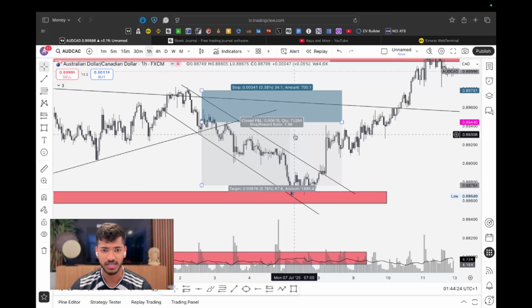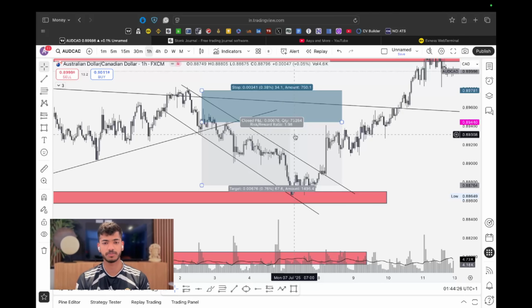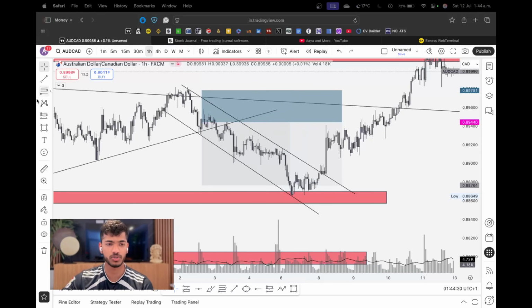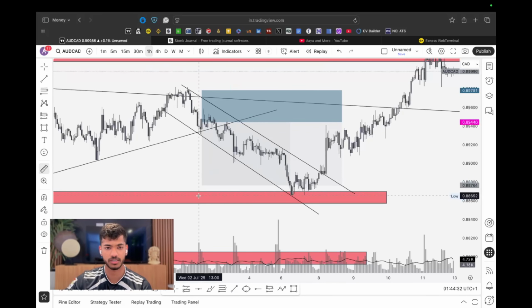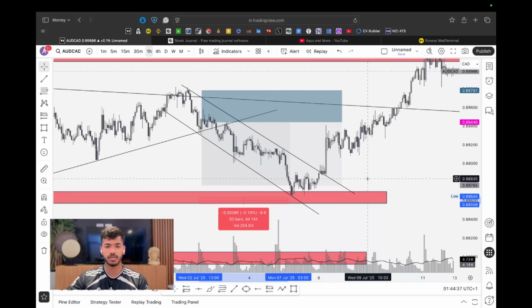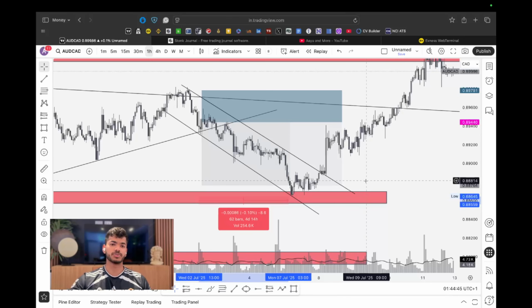This is like 60, 70 bips, 67 bips on this trade, and I was holding this trade for 2-3 days. So it was 4 days. So yeah, I think this was a good trade, and here is the trade breakdown.